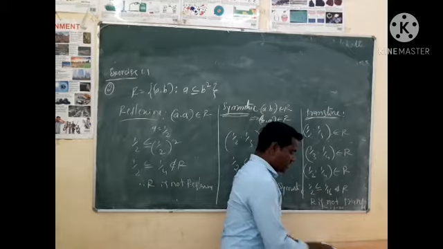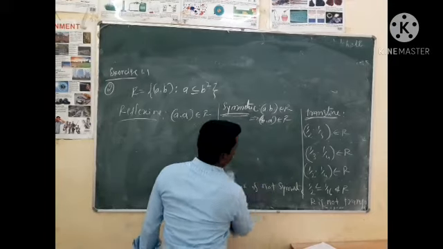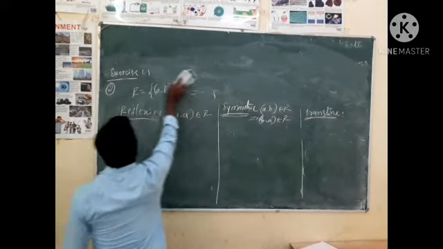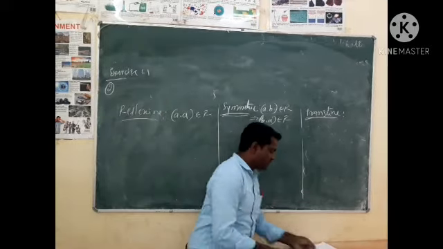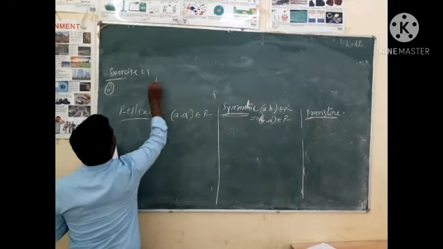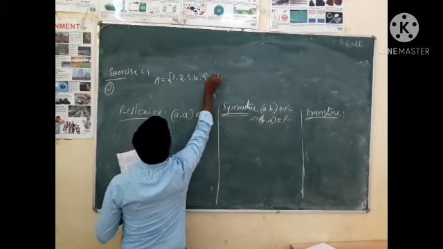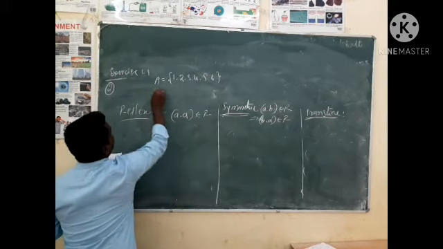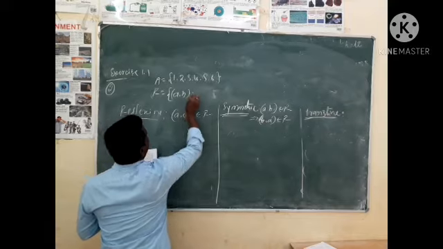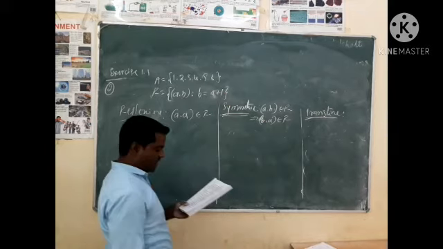Here the set A = {1, 2, 3, 4, 5, 6} has been given, and the relation (a, b) with b = a + 1.